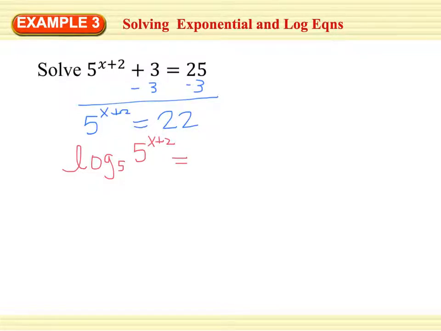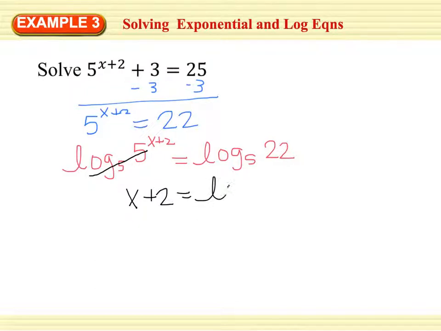And if I do it to one side, I must also take log base 5 of 22 on the other side. So my log base 5 and 5 are going to cancel, and I'm left with x plus 2 equals log base 5 of 22.